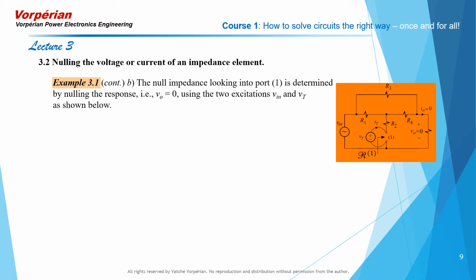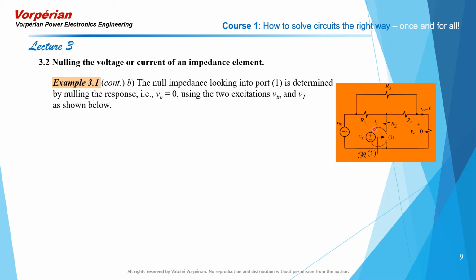And now we're going to perform the null impedance calculation looking into port 1. To do that, I will connect a test source here and determine the ratio of the voltage to the current appearing at that port. In my previous slides, I was always showing this as a test current source and studying the voltage across it.